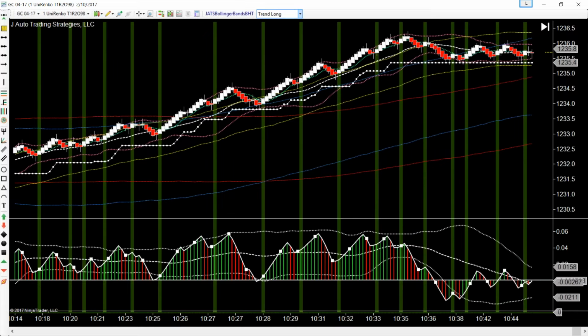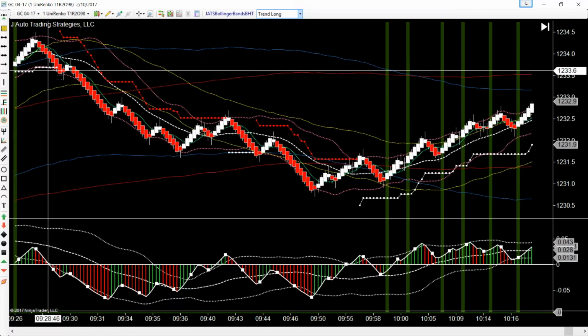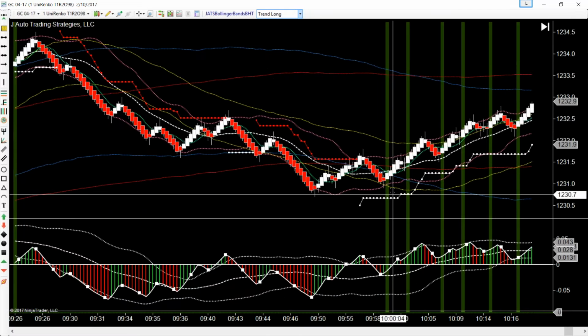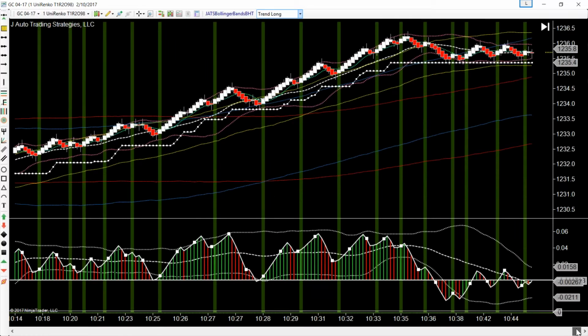So once you find the trend is happening, stay out of the pullback, get back in when the trend turns around. Can't get any nicer than that, can you?